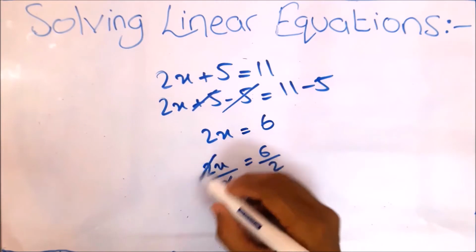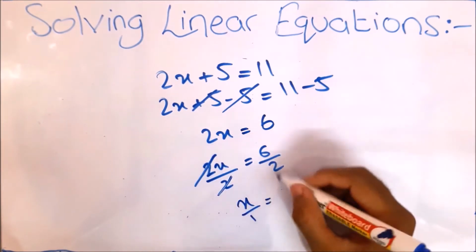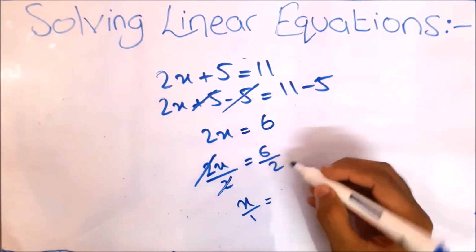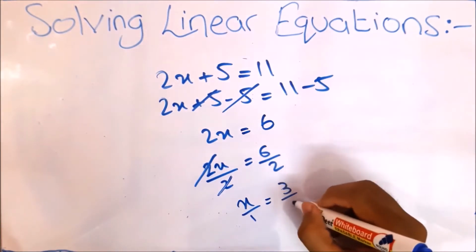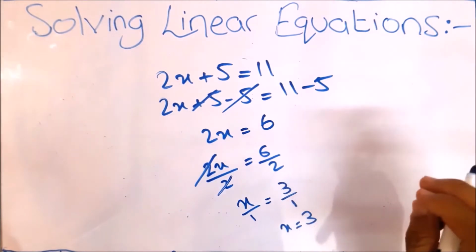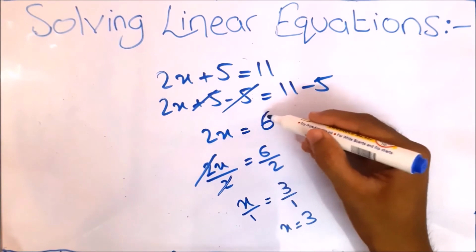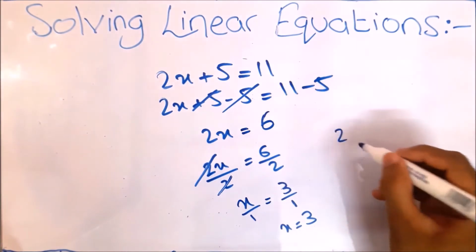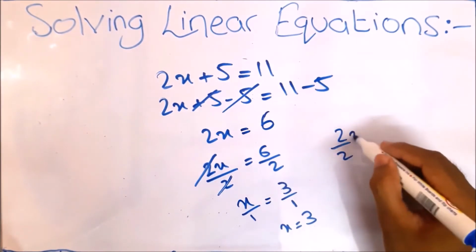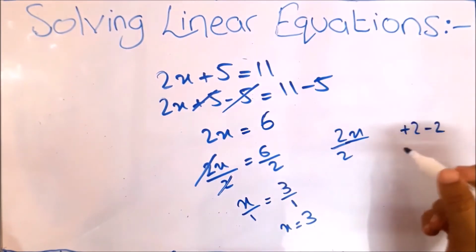So 2 divided by 2 is 1, which leaves x over 1, and 6 divided by 2 gives us 3 over 1, so it becomes x is equal to 3. The main thing I had to explain in this example was when something is multiplied, just divide it, or when something is added, subtract it to get rid of it.